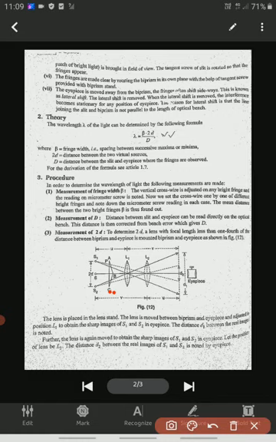We represent this position with L1, and the fringe distance we represent with d1.